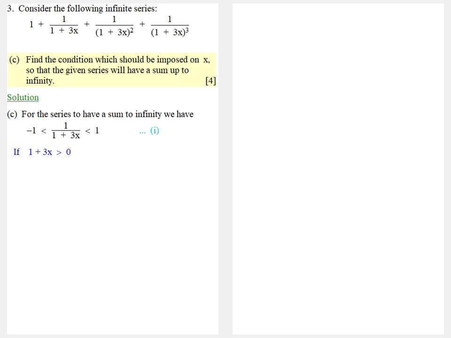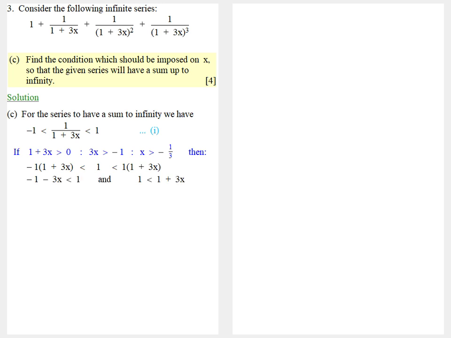So if we first of all assume 1 plus 3x is greater than 0, that is, we assume 3x is greater than minus 1, or x is greater than minus a third, then we can multiply all sides by 1 plus 3x and not change the direction of the inequalities. So that gives us minus 1 into 1 plus 3x is less than 1, which is less than 1 times 1 plus 3x.